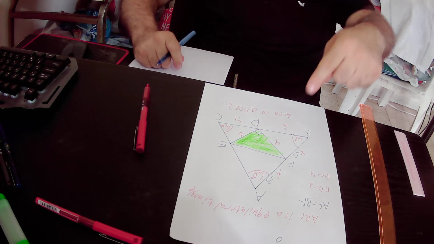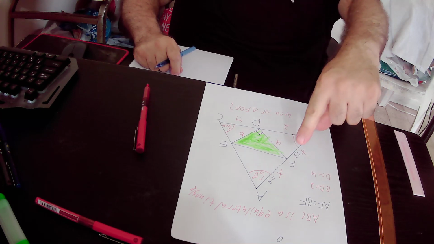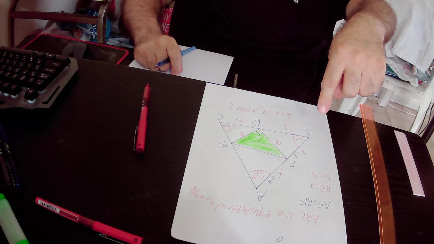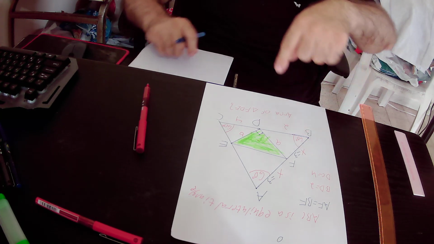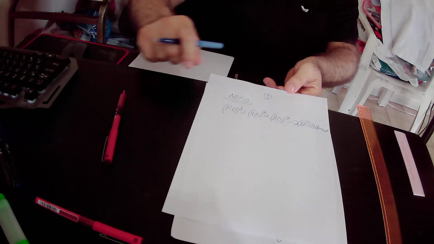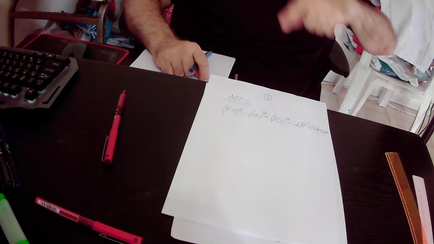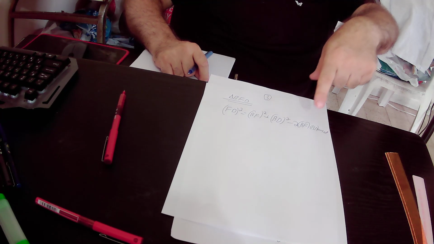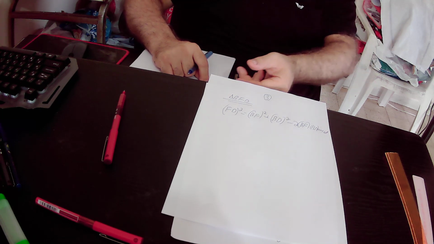Okay, so in triangle FBD, the small triangle, FD square equals BF square plus BD square minus 2 times BF times BD times cosine 60 degrees.